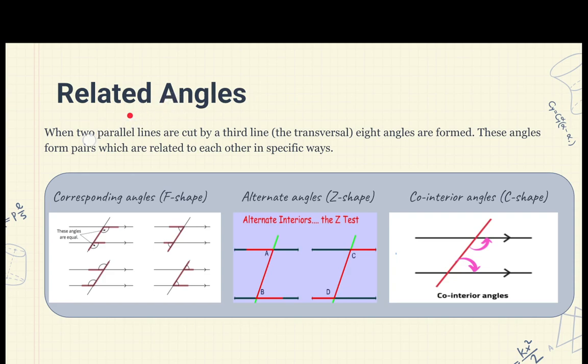Related angles: when two parallel lines are cut by a third line, the transversal, 8 angles are formed. The angles form pairs which are related to each other in specific ways: corresponding angles, the F shape; alternate angles, the Z shape; and co-interior angles, the C shape.